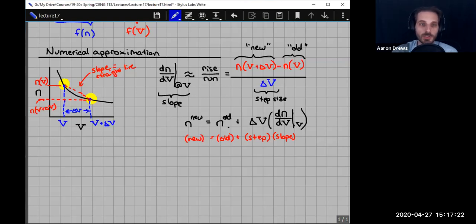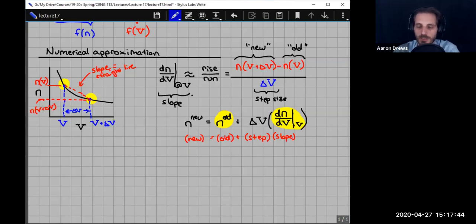Right, and that is what we call a numerical approximation. We have guessed that a value of n that is quote unquote new, further out on the curve, can be approximated if we know only something about the old stuff, the things that we already have knowledge about, which would be n sub old, and evaluating the slope at whatever the v portion happens to be.